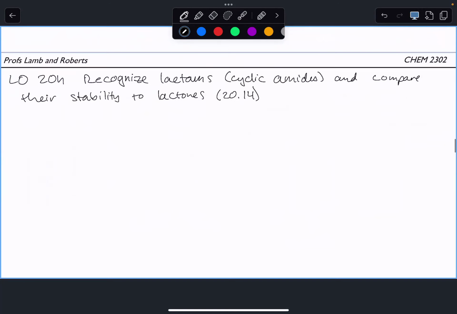All right, so let's remind ourselves what lactones are. We learned about these back in 19.15. So that was a cyclic ester.